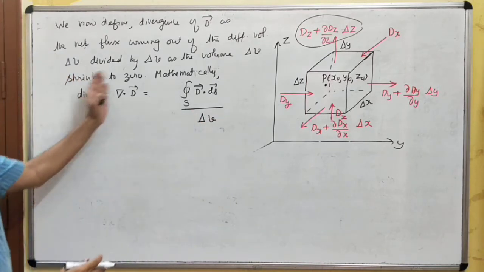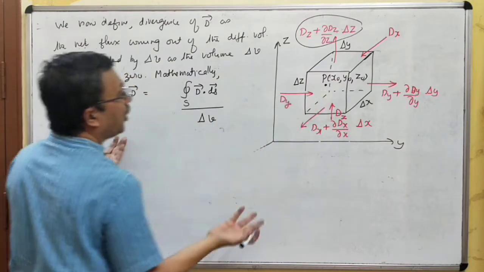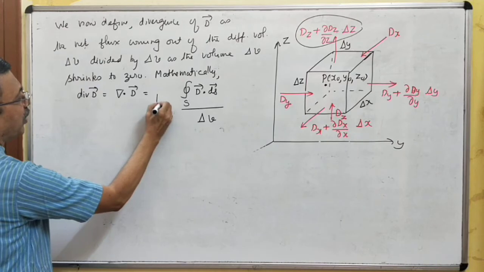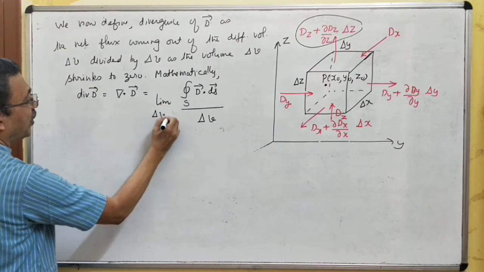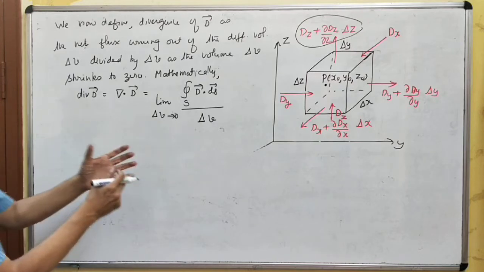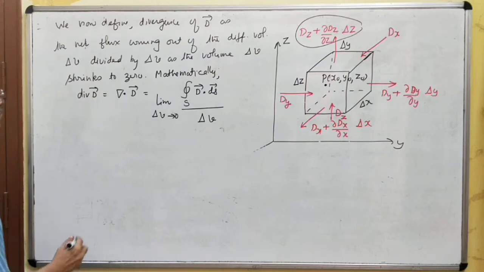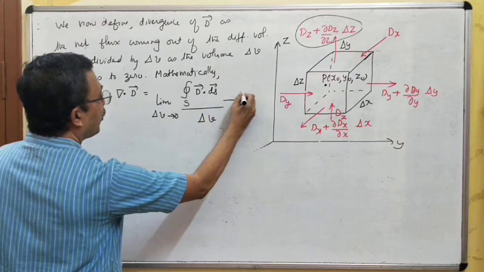As the elemental volume shrinks to zero, the elemental volume becomes point P. That's what it means mathematically. Shrinks to zero means take the limit delta V tending to zero. If you take the limit delta V tending to zero, the elemental volume becomes the point P, which is the midpoint of the volume. This I will call equation 3.